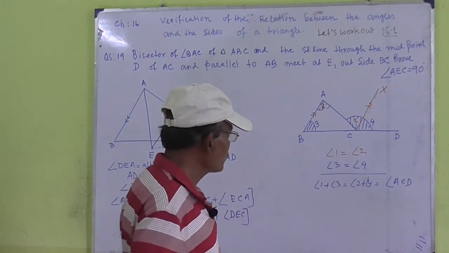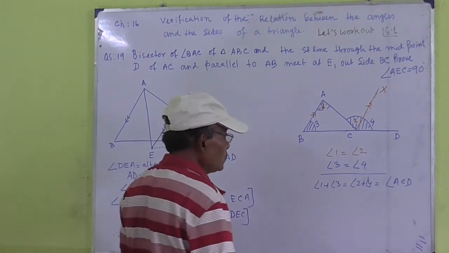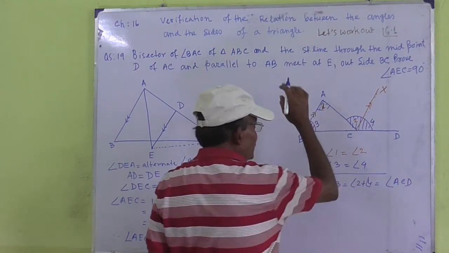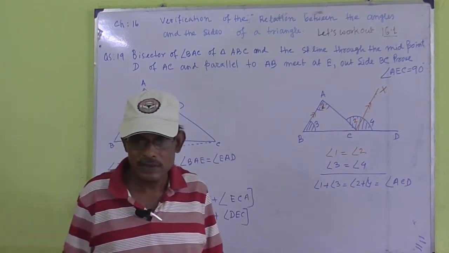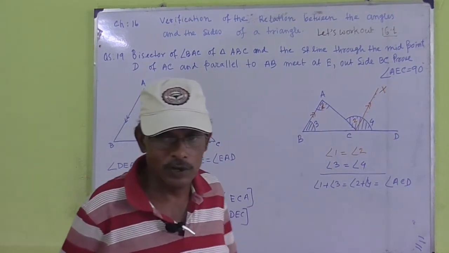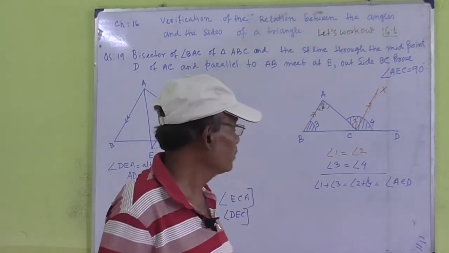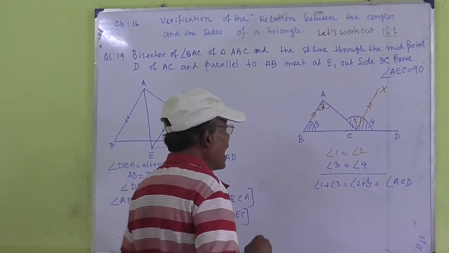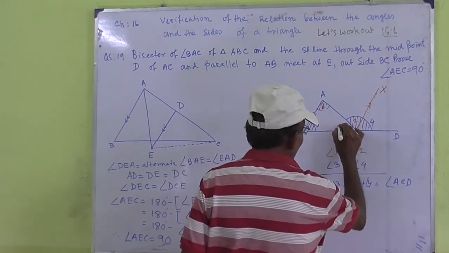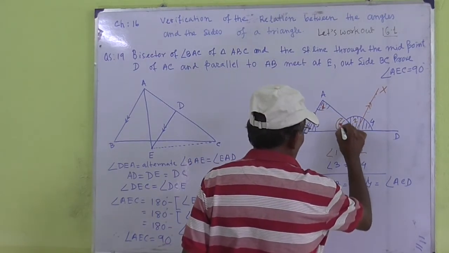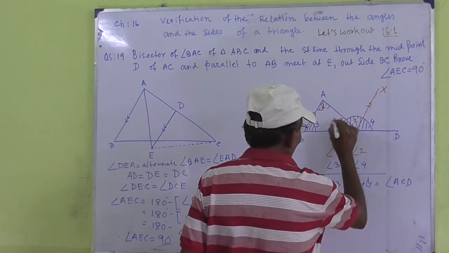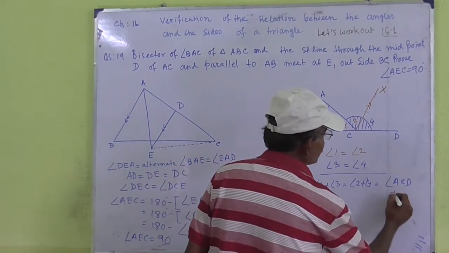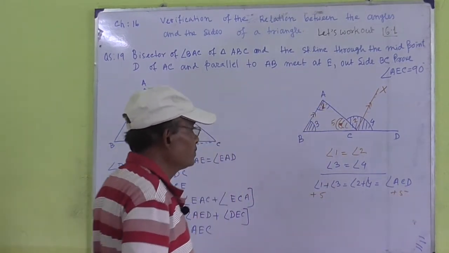And also, the total sum of the interior angles of any triangle will be 180 degrees. Okay. How to prove? We add this angle, that means angle 5, on both sides. Clear?